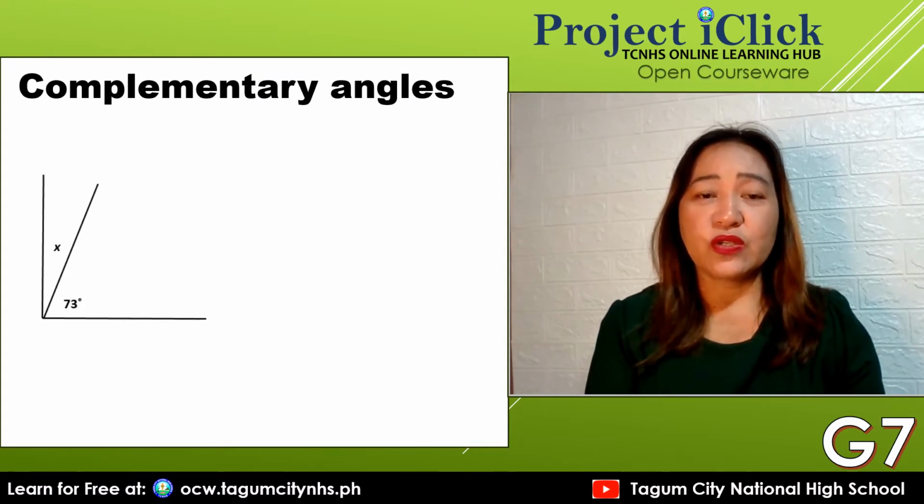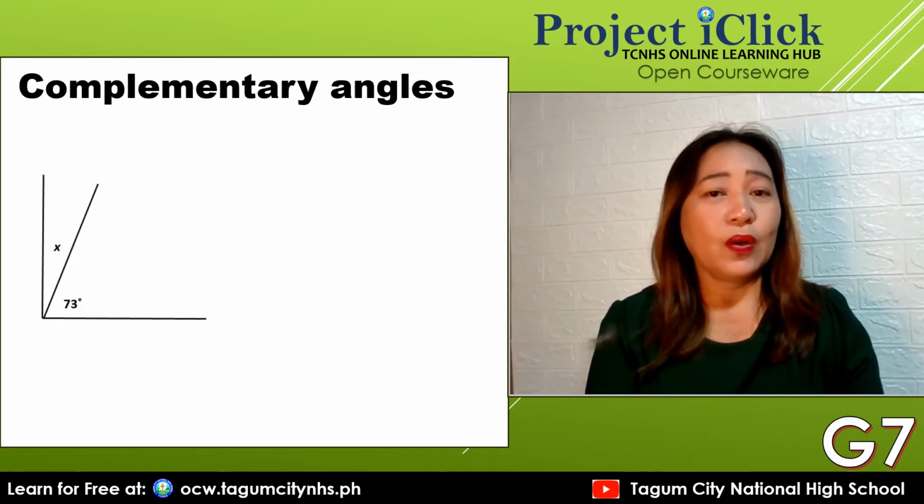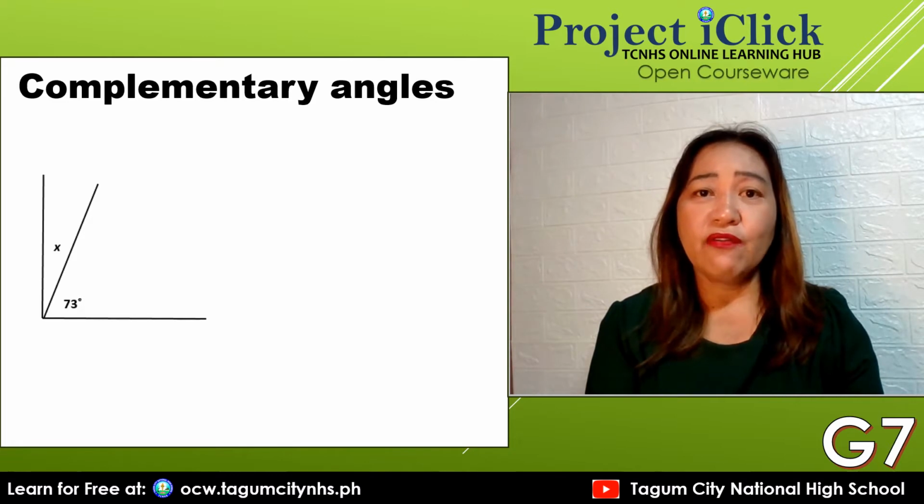This figure shows complementary angles, two angles that share a common endpoint and a common side. But take note, only one angle has a given value, and that is 73 degrees. Now, how are we going to find the measure of angle X?